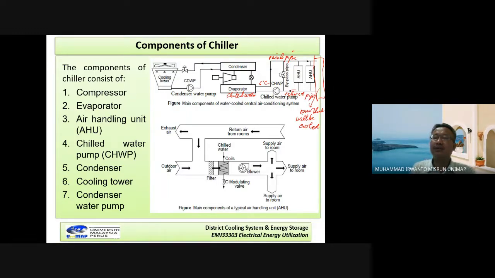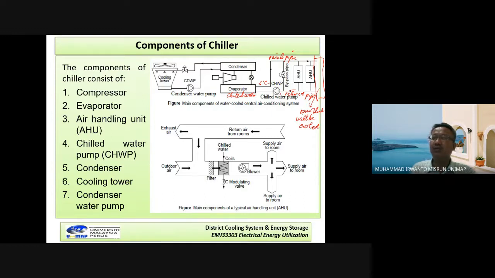Now we want to know how the chill water can flow. It can flow because there is a chill water pump here.